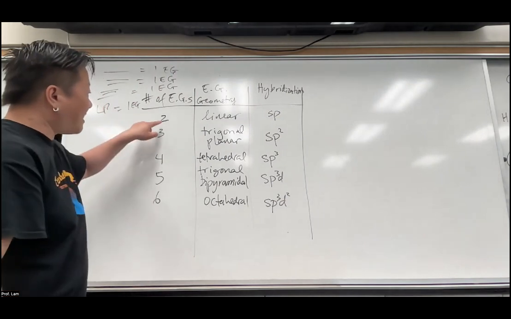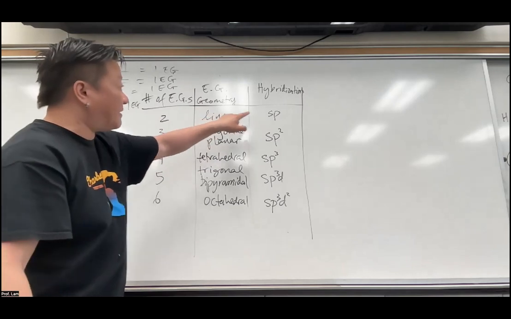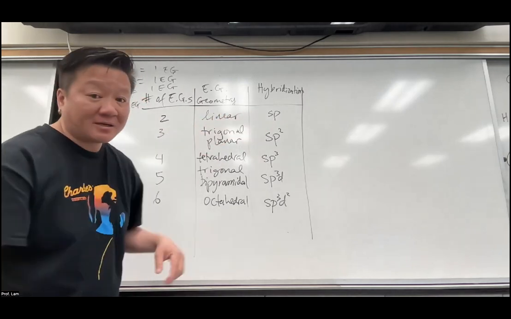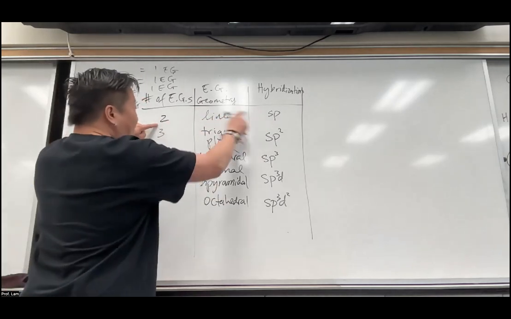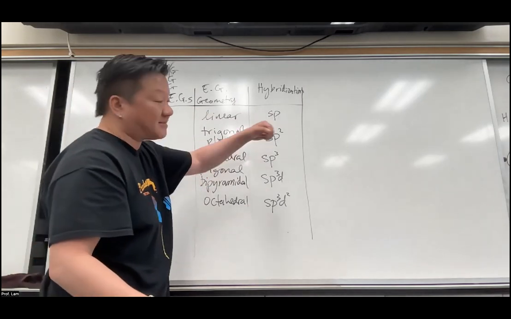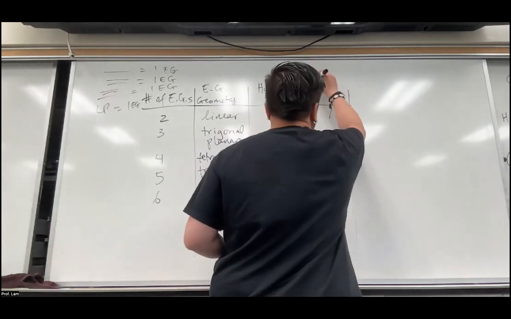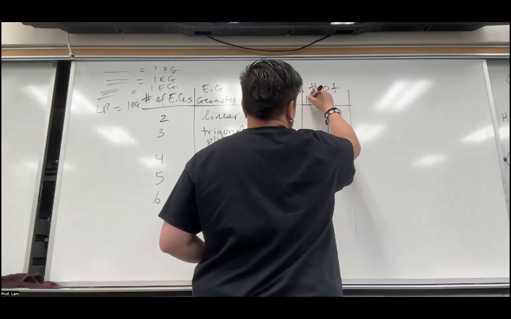If around the central atom you just have two electron groups, remember the electron group geometry is linear. And your hybridization will be sp. Because what does that mean? You only need to hybridize two orbitals. What are the two lowest energy orbitals? S and a p. Okay. And how many sp orbitals are there? The number of hybrid orbitals.